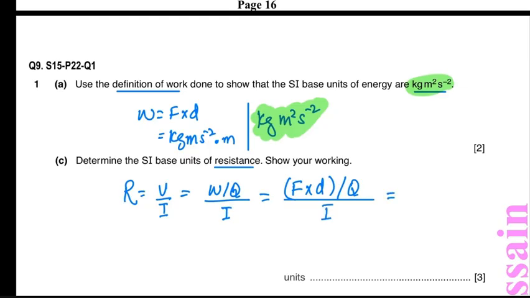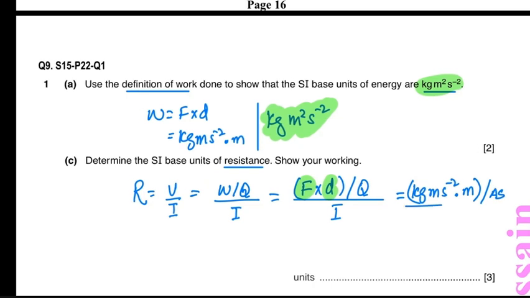So what is force? Force is kg m s^-2. What is distance? Distance is in meters. What is charge? Charge is current into time, so it becomes ampere second. And what is current? Current is simply in amperes.